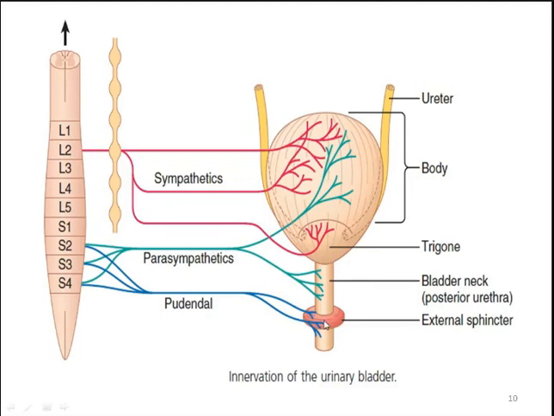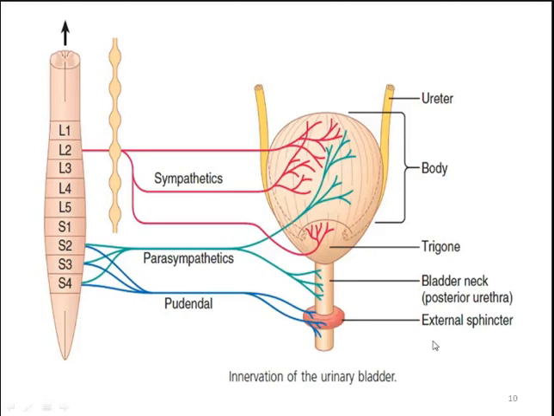The external sphincter is supplied by the pudendal nerves and is under voluntary control, while the other two are involuntary. From thoracic and lumbar segments you get the sympathetic supply, which has no major role in micturition.